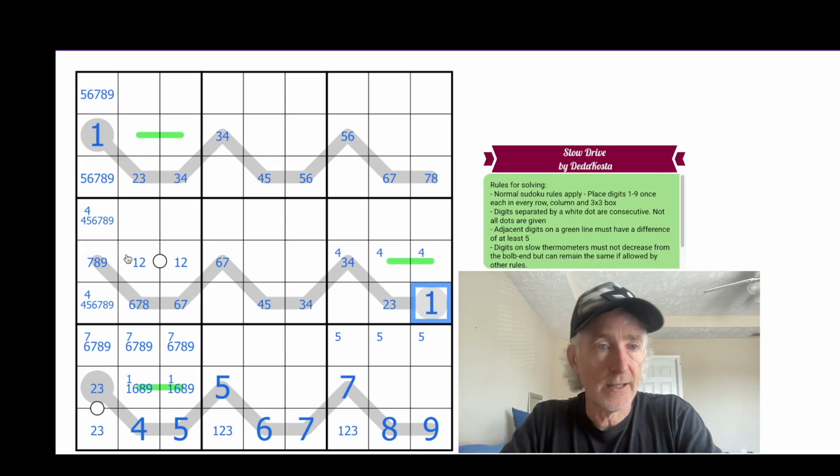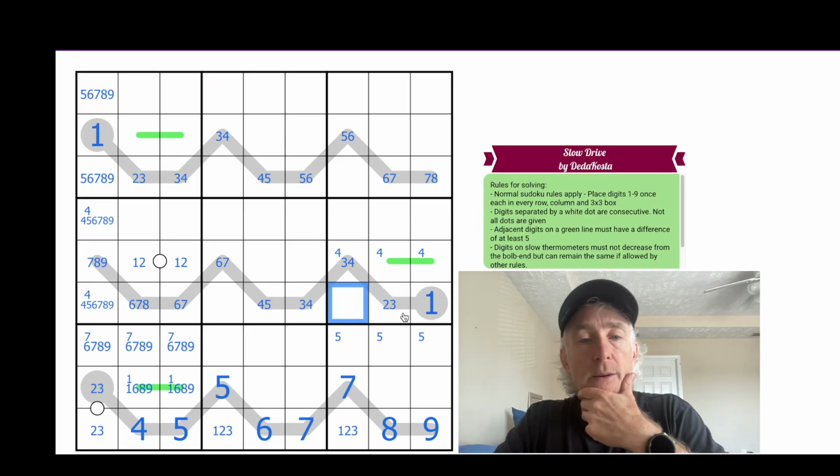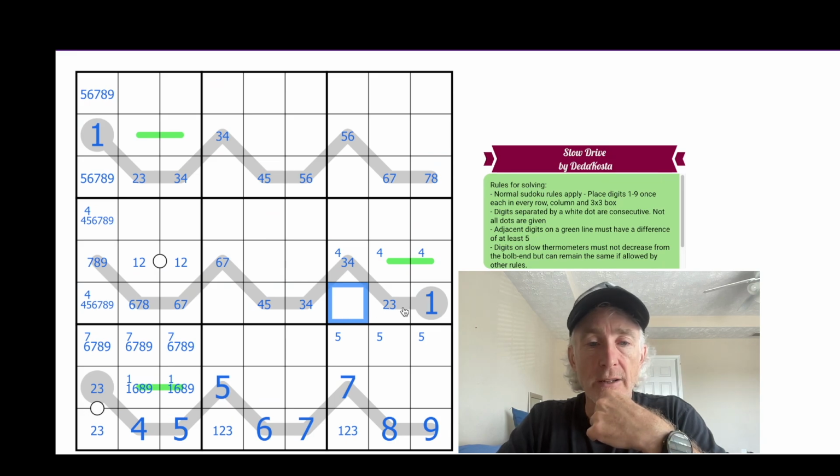Because remember, over here and down here, this is going to be some combination of 3 low numbers, and the other one has to go up here. Well, we can't have 4 down here. This would be 1, 2, 3, and then this would be 4. We'd have nothing to put on here. So 4 does have to be in one of these cells.